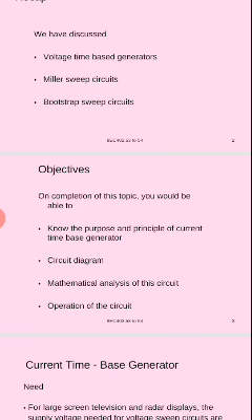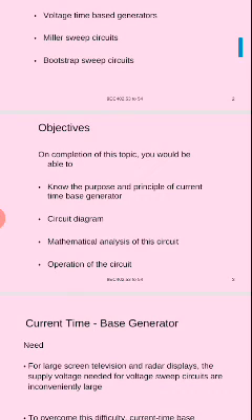Objectives: on completion of this topic, you would be able to know the purpose and principle of the current time base generator, the circuit diagram, the mathematical analysis of this circuit, and the operation of the circuit.